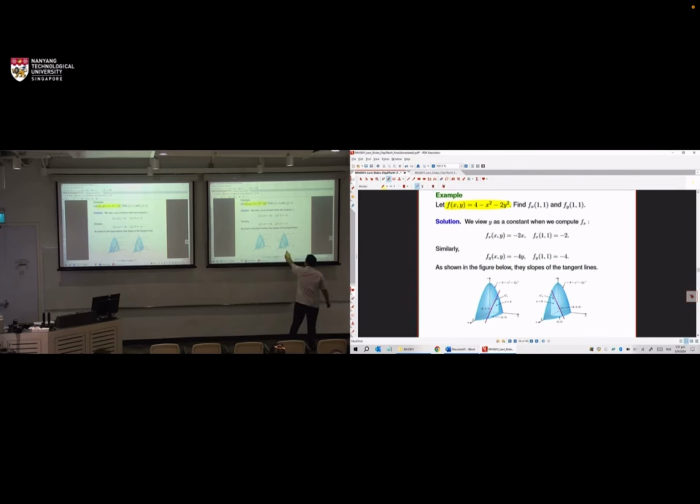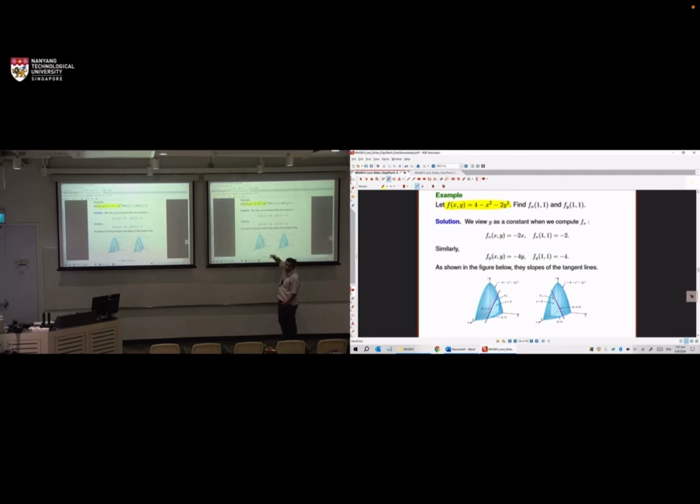Likewise, for here, you can see that it makes sense, right? It's a negative slope, right? Because you are doing del f del x.